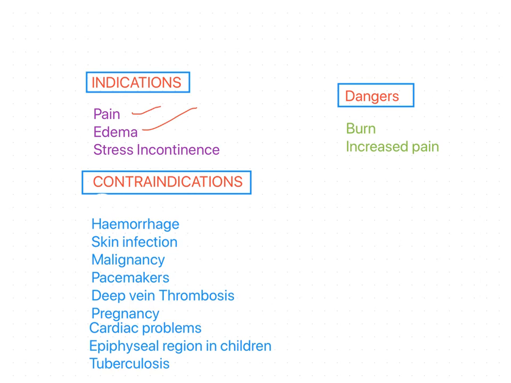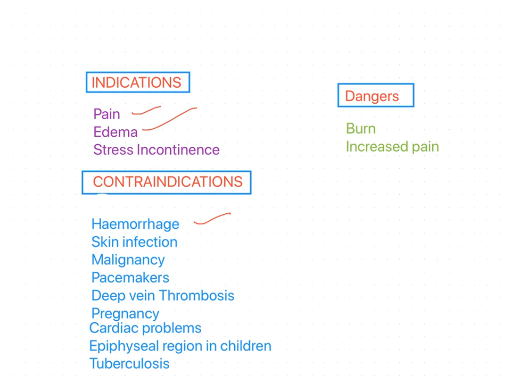So hemorrhage, already the site of injury which is producing the hemorrhage, that means oozing of the blood. If you apply interferential currents in that area, which produce the contraction of both skeletal as well as the smooth muscles, which may enhance the bleeding. So in such condition you should avoid IFT.